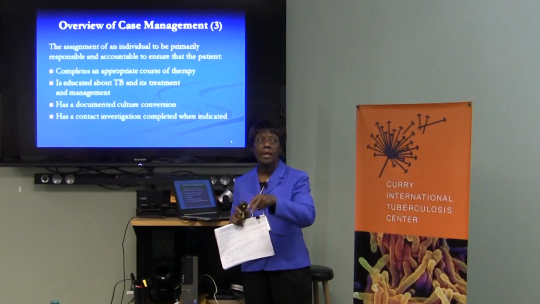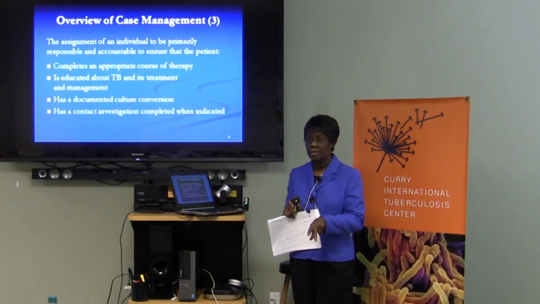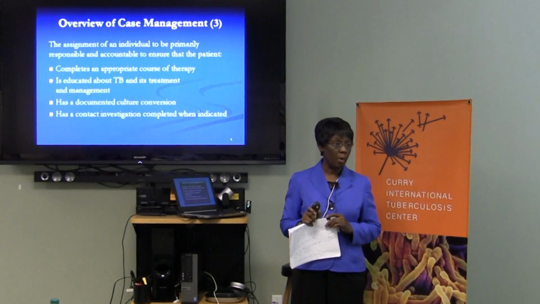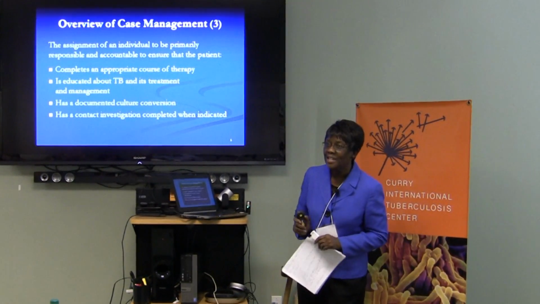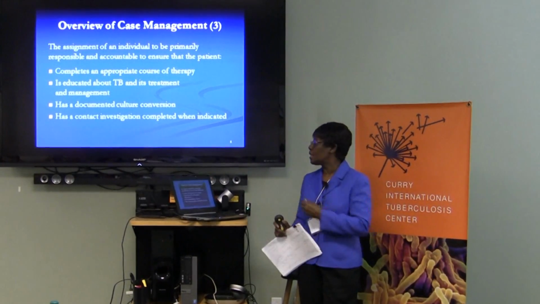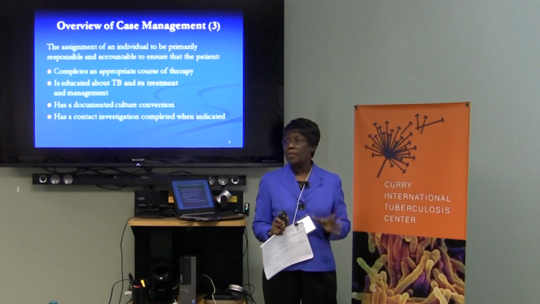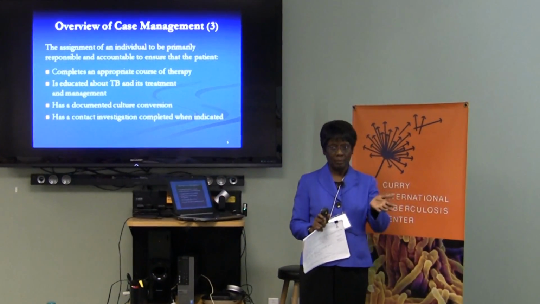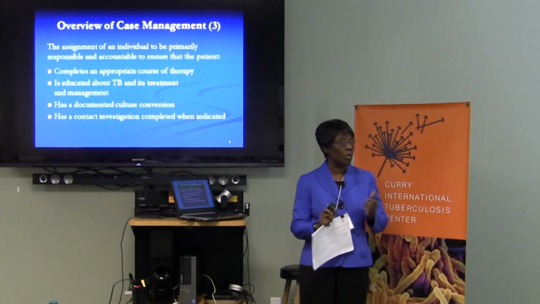All right, so we're looking for 3 consecutive negative AFB smears and at least 2 weeks of appropriate treatment and clinical improvement, right? So you're looking at those things. Cultures take longer. So our patient can have 3 consecutive negative AFB smears, be on appropriate treatment, and we lift home isolation, right? We let them go back to work, we let kids go back to school.